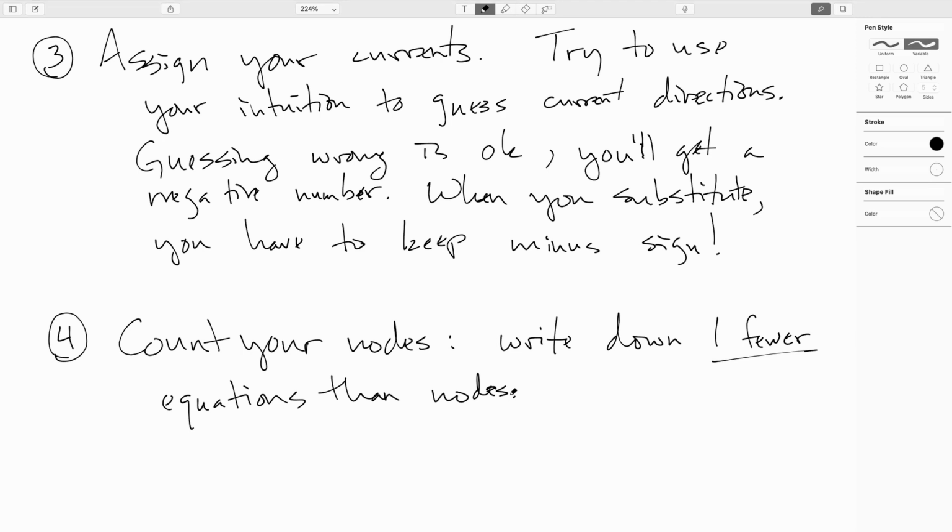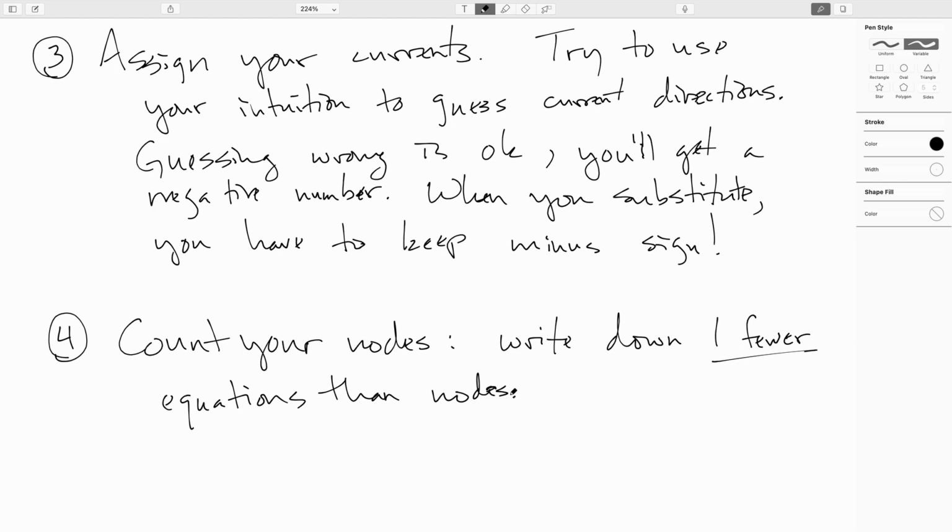So in order to have what mathematicians call a linearly independent system, you cannot write down that last equation. Because what can happen otherwise is you'll go along and you'll be substituting, and then all of a sudden, absolutely everything cancels and you get 0 equals 0, which is a true statement, but isn't I3 equals 4 amps or something like that, which you were hoping to have happen.